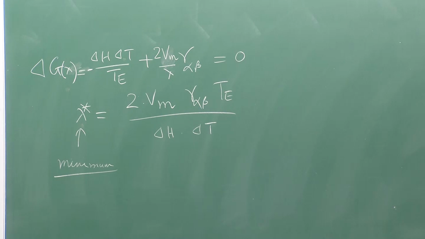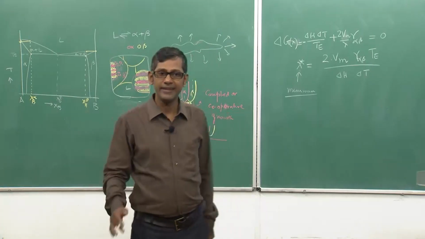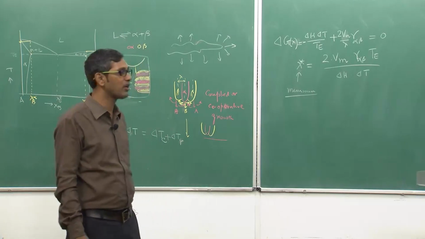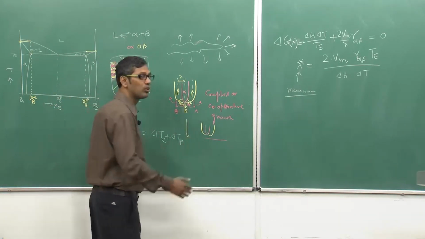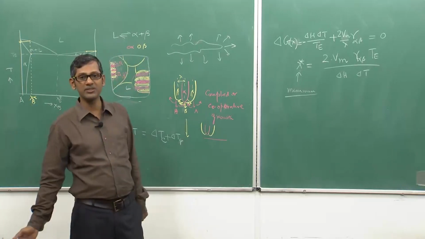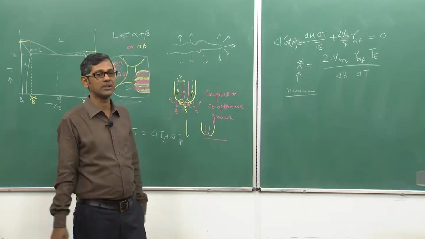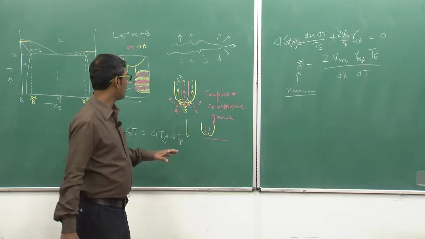Mathematically it is very simple. That means the whole energy which was available to the system has been spent on creating the interface between alpha and beta. That will never happen in the actual sense, because in that case the eutectic has no energy available for it to grow. So, lambda will always be higher than lambda star. That is very simple. Okay, so we will stop here.